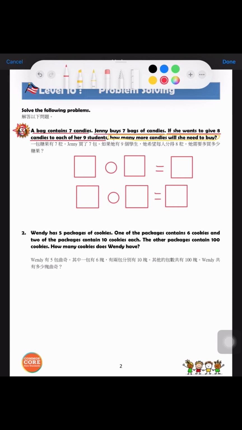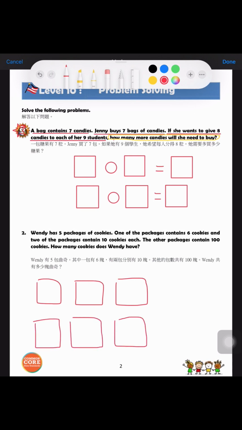First, let's find out how many candies Jenny got in all. She has 7 bags of candies. And then each bag of candies contains 7 candies.